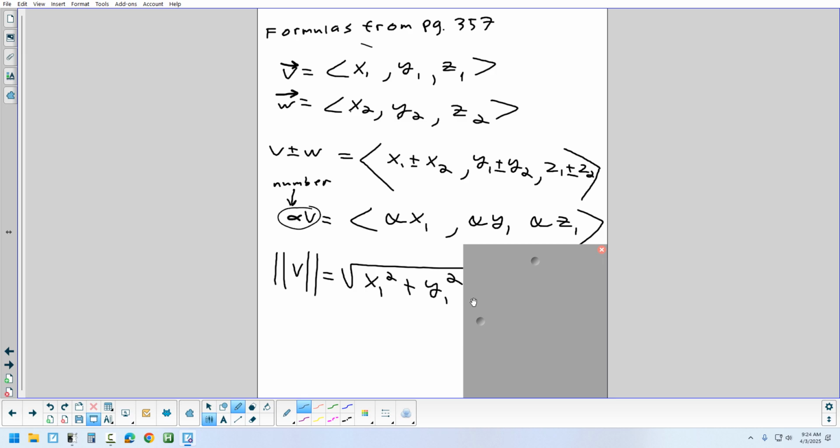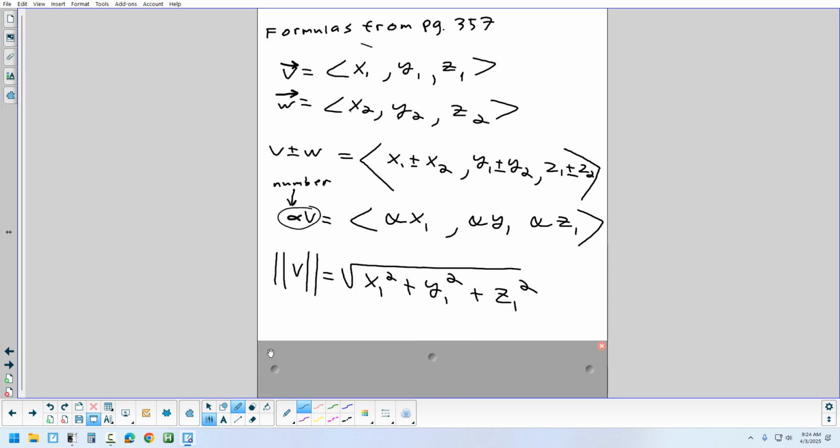Plus z1 squared. It's a double application of the Pythagorean theorem. You're finding a diagonal distance across the bottom, and then you're using that diagonal distance with the three-dimensional height to get another diagonal. So this is really just the Pythagorean theorem twice.